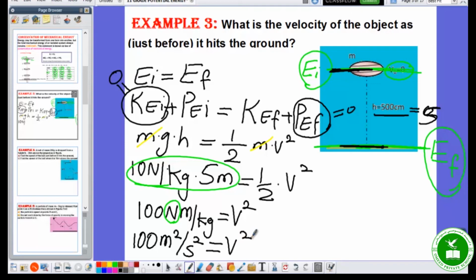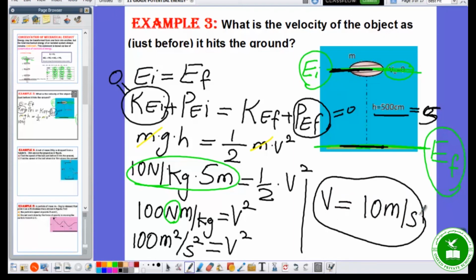If you take the square root, then v becomes equal to 10 meter per second. This is how we use conservation of mechanical energy.